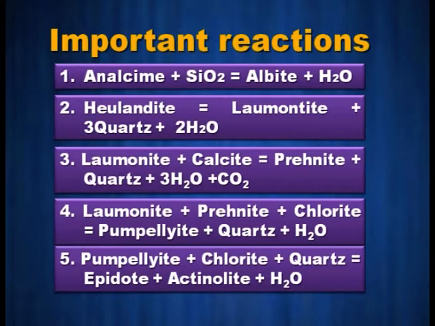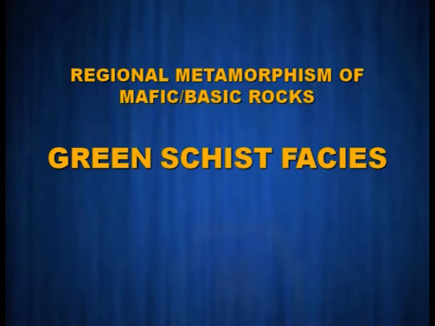Third, laumontite plus calcite gives rise to prehnite plus quartz plus 3 water plus CO2. Fourth, laumontite plus prehnite plus chlorite gives rise to pumpellyite plus quartz plus water. Fifth, pumpellyite plus calcite plus quartz gives rise to epidote plus actinolite plus water.